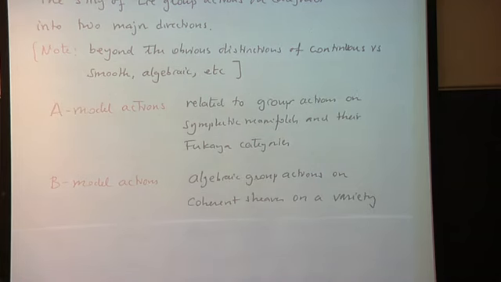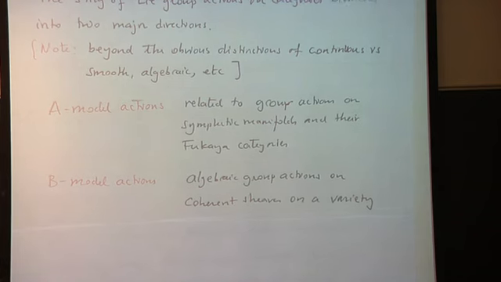And the A model actions will be related to and come naturally from group actions on symplectic manifolds, and specifically their Fukaya categories. There are simpler examples from topology, which after the fact you can also interpret as Fukaya categories. It has to do with the fact that we can interpret the modules of cochains on a manifold as elements of the Fukaya category of its cotangent bundle.